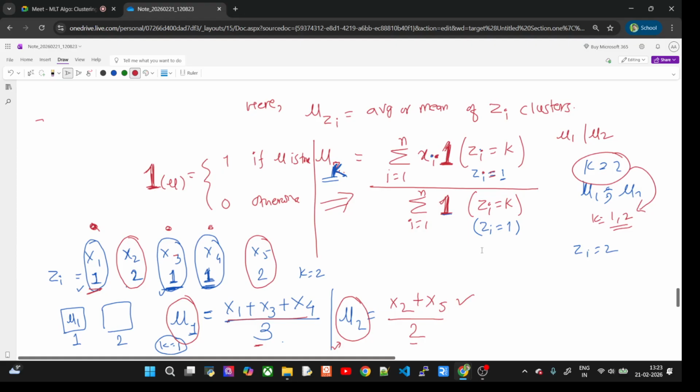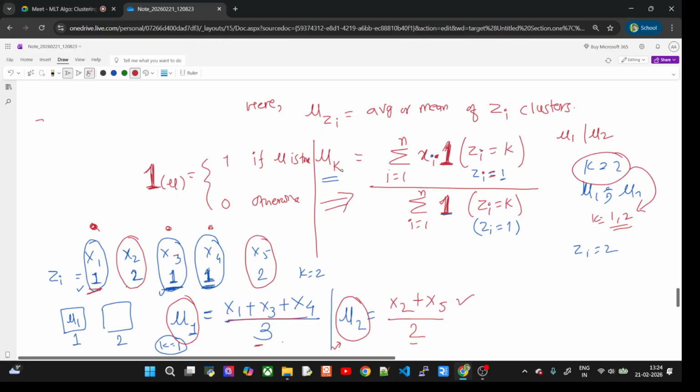So this is the point 2.3.1. You need to understand this formula: someone asks you to calculate the mean of the given cluster 1, mu1 or mu2. This is mu k.